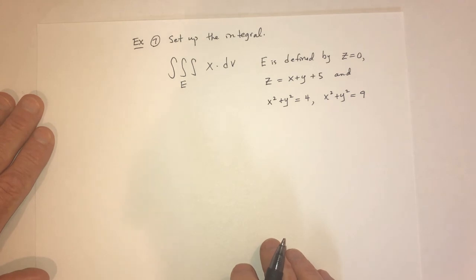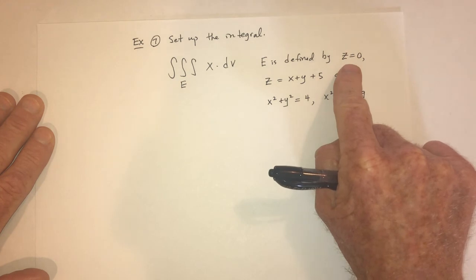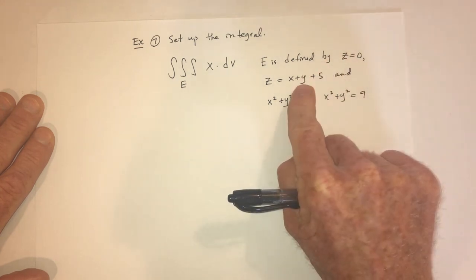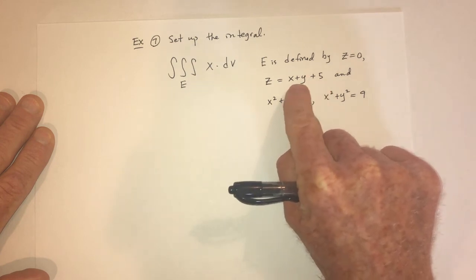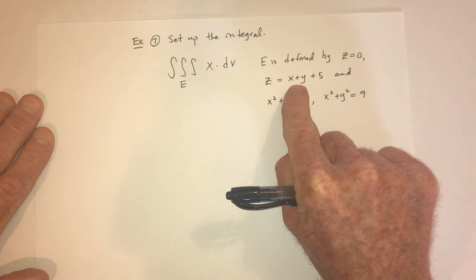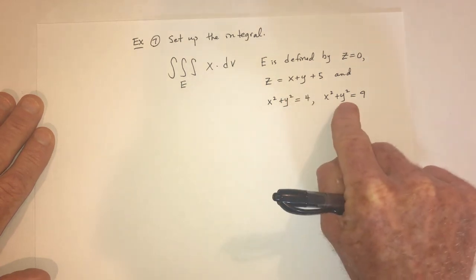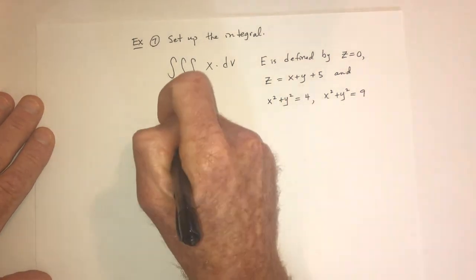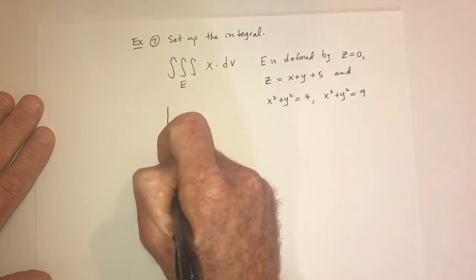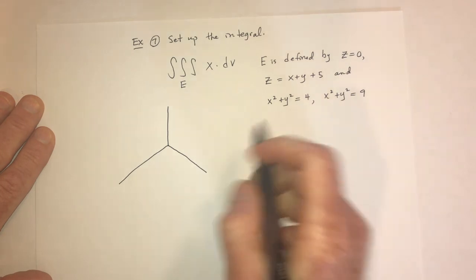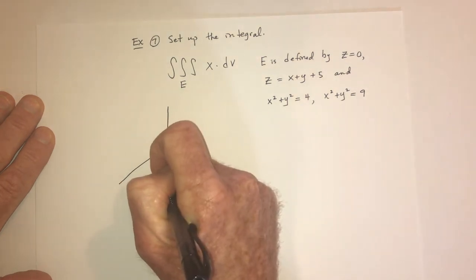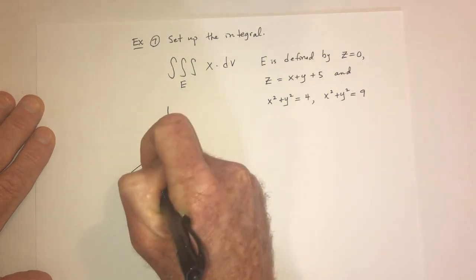Okay. Well, let's see. That just means the xy plane, so that's the ground. This is a plane. It got shifted up by 5, and then it's going at some kind of angle because of the x and the y. And then this is two cylinders, one inside the other. So this one has a radius of 2. So make this a radius of 2.